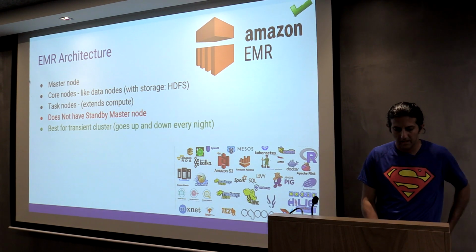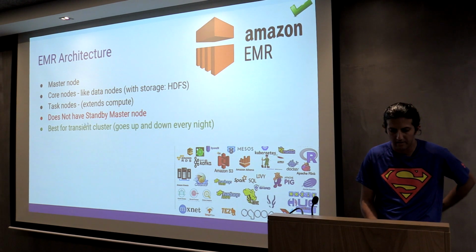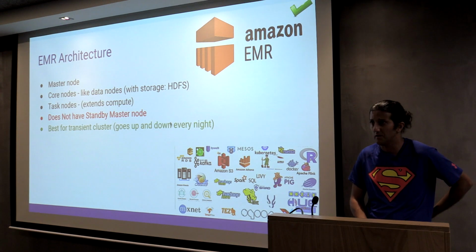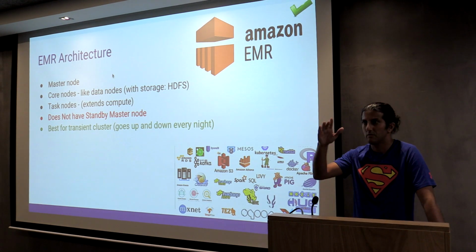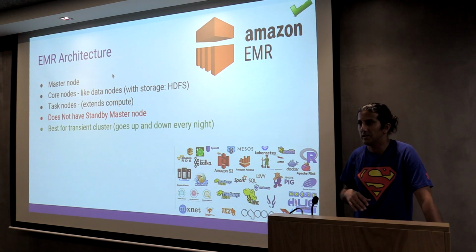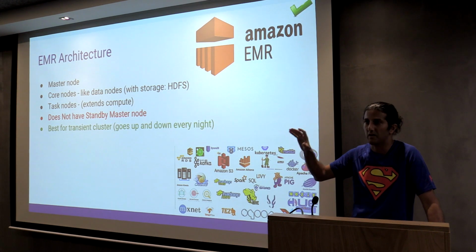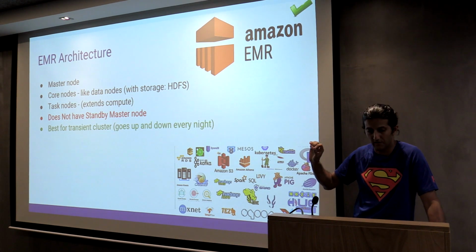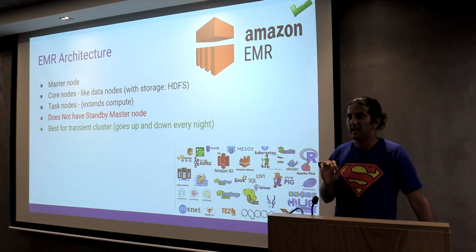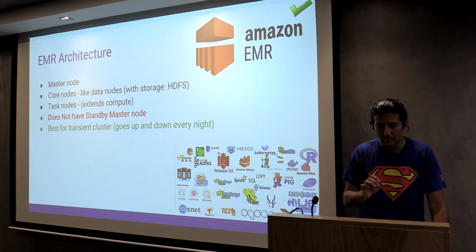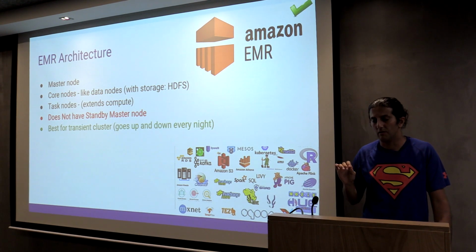The downside of it, compared to the normal distribution, is you don't have a standby master node. That means that if your master node dies for some reason in production, you lose all the associated data with it. There's no way to recover from this. Okay, so just be aware. It's not a major disadvantage simply because the EMR architecture is mostly designed for transient clusters.